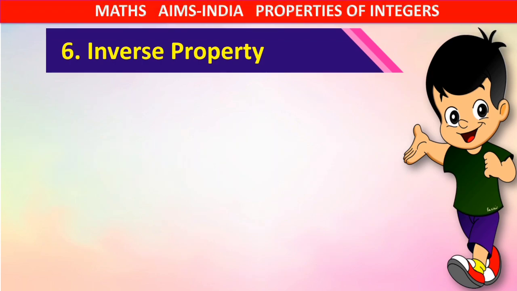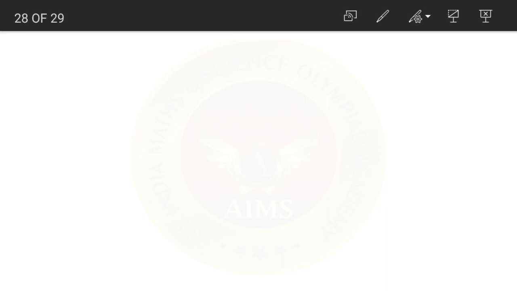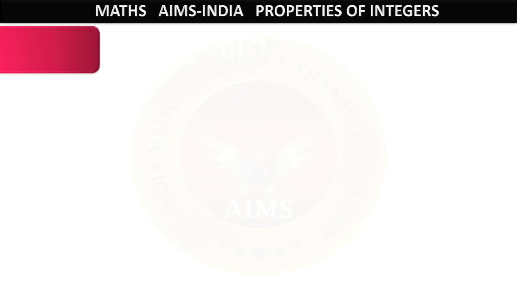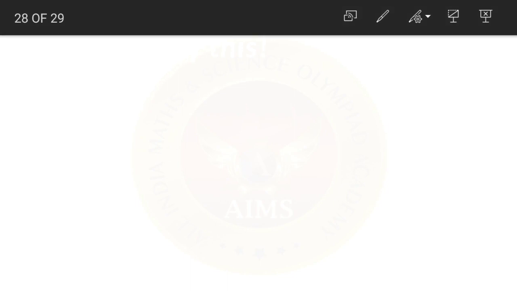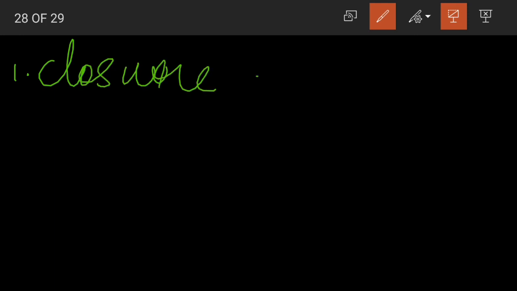Okay class, clear? What did we learn about today? We learnt about properties of integers. The first property was closure property. Closure property means when we added, multiplied or subtracted integers, the answer should also be an integer.